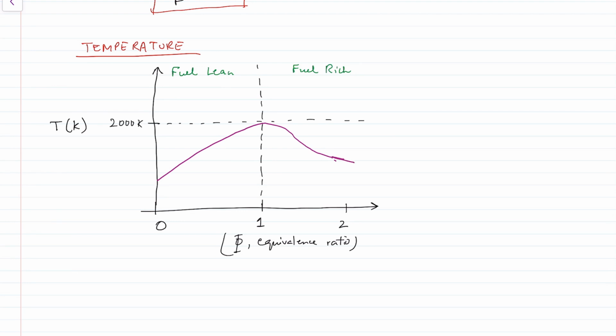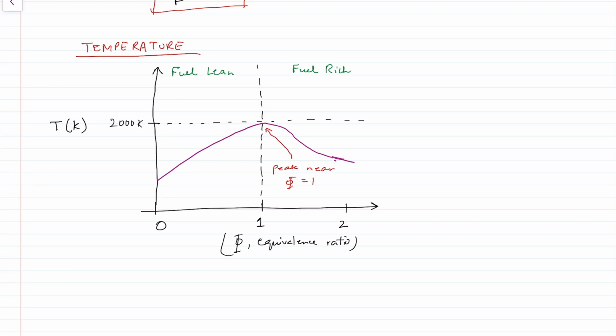So it increases and then reduces. And why does that happen? As you can clearly see, there's a peak near equivalence ratio equal to 1.